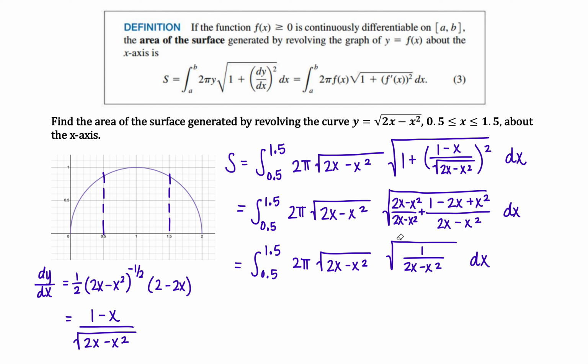Now, because I really don't want to rewrite this whole thing, I can take these square roots individually. So the square root of 1 is 1, and the square root of the denominator is the square root of the denominator. Now at this point, the square root of 2x minus x squared that's kind of just been hanging around, this cancels with that denominator. So what I'm left with is just 2 pi dx.